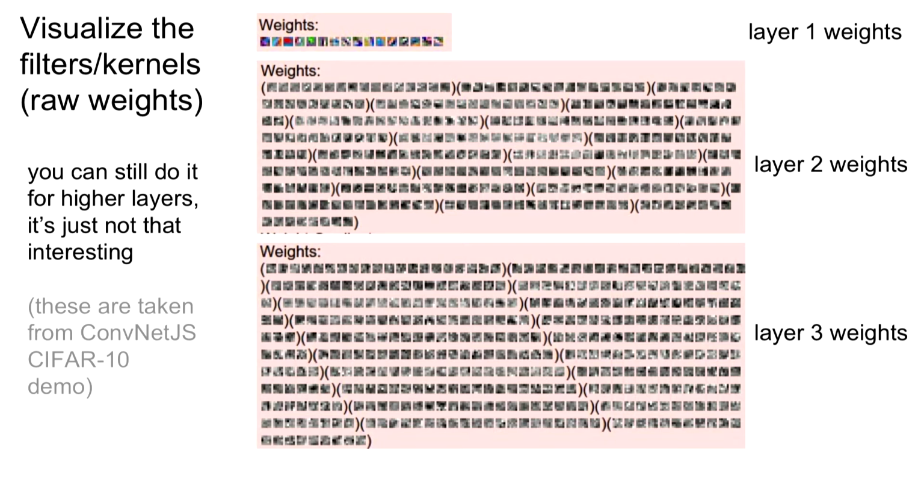You can visualize weights of the second layer, and they look like this, but they're not very interpretable. And again, they're acting on top of those first layer weights as well. Each input is actually looking at a set of filters that's in general different, so it's very hard to interpret these.